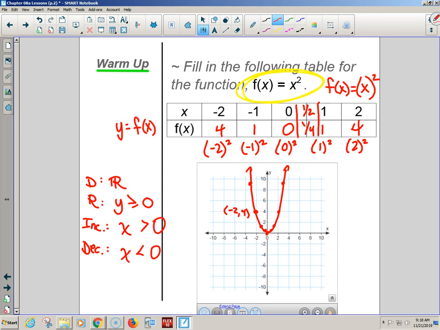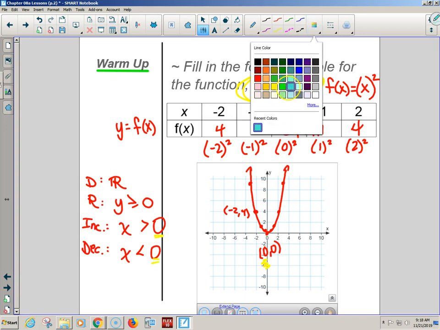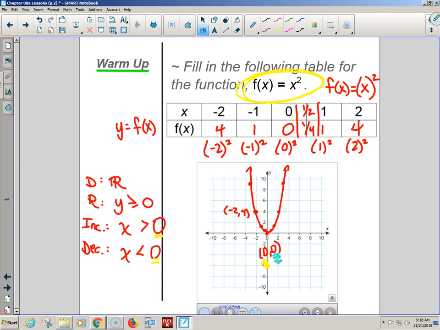And guys, there are totally patterns. Anytime you have a vertex, that x is always going to be the same number as this one. And if I change the color real fast, that y is always going to be the same number as this one. There are some patterns, and maybe you saw it yesterday when we were doing those ones with domains.